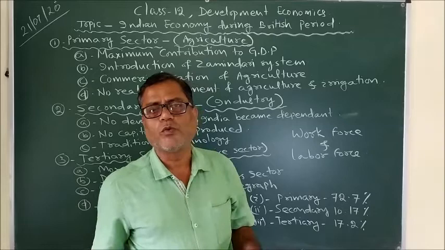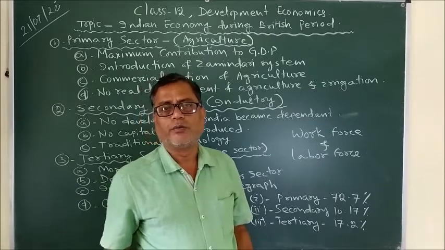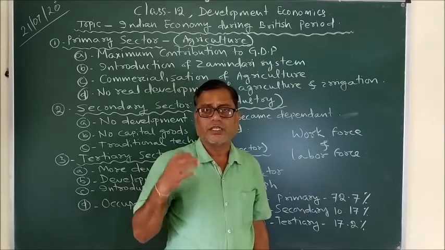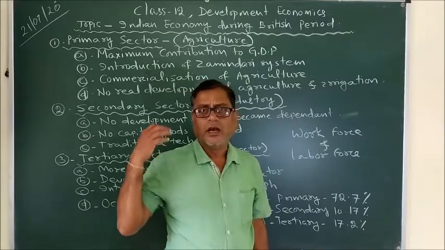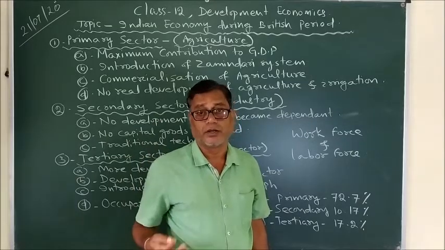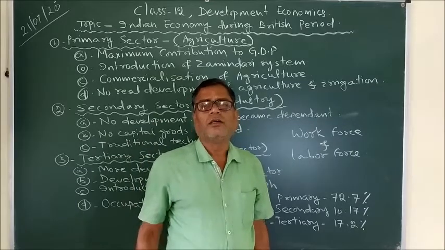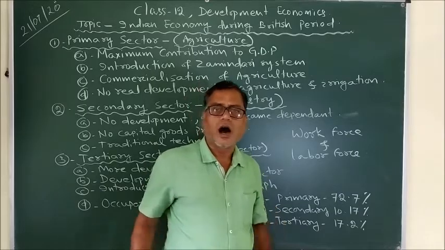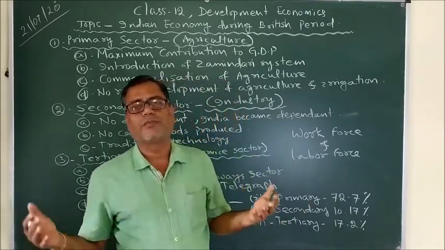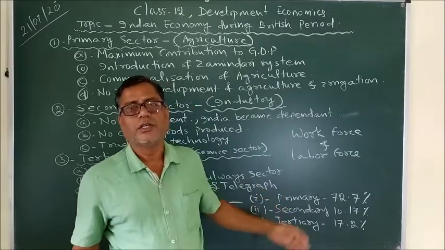The British were no more our rulers, and we were left to decide our own fate, to make our own strategy, our own planning for our development and growth. So what was the condition and how we stabilized, how we changed the course of development after the British left India.